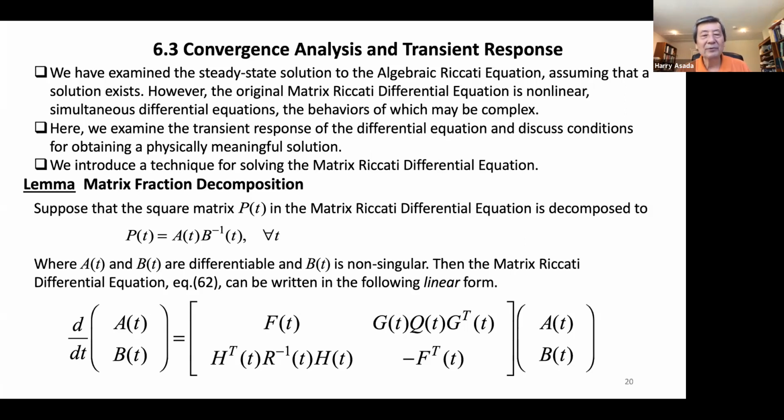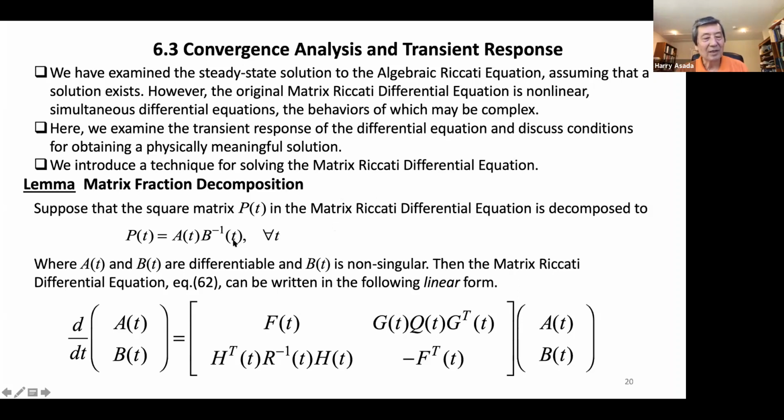The behavior may be very tricky, right? So here we examine the transient response of the differential equations and discuss the conditions for obtaining physically meaningful solutions. That's a very important part. We introduce a technique for solving the matrix Riccati differential equation named the matrix fraction decomposition. This is a beautiful technique, but it's a little bit involved.